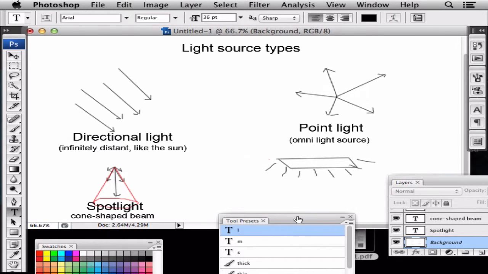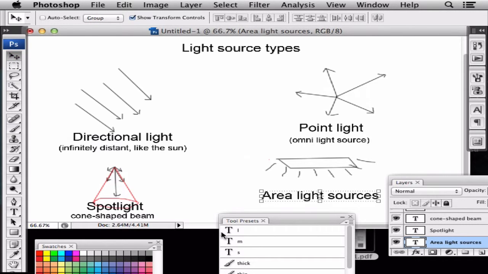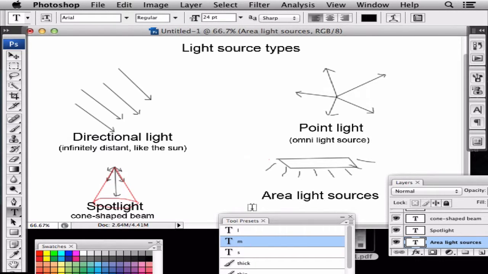And the main difference, of course, is that it's not a single point. It's like a whole area that emits light. You can imagine many different types of light sources that have this property. Light sources that are not single points.